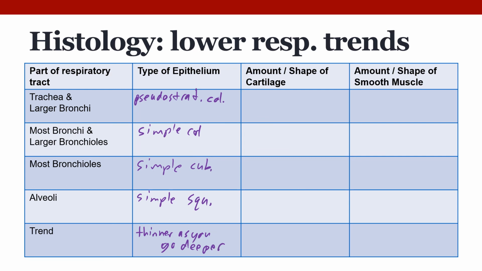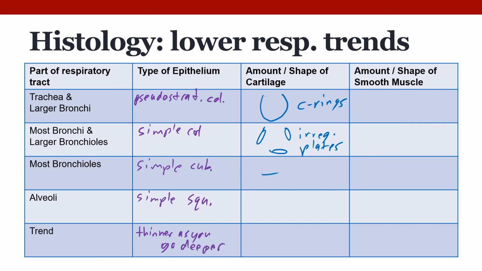The amount or shape of cartilage, we have C-rings here in the trachea and larger bronchi. We have irregular plates in the bronchi and larger bronchioles.